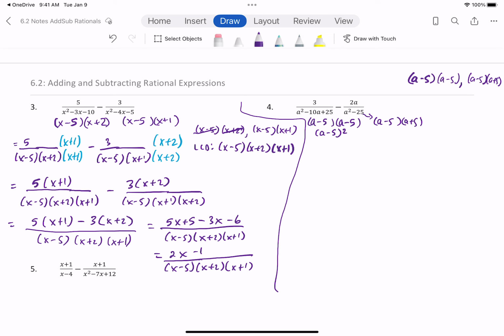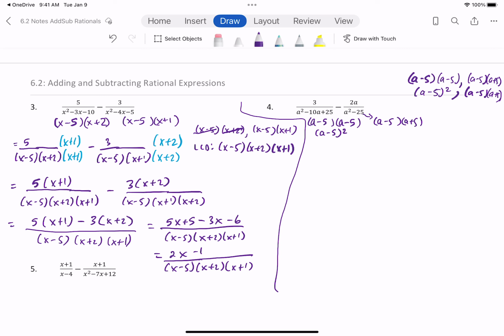So I'm going to write this one as a minus 5 squared because we need to see the difference between this problem and the last one.